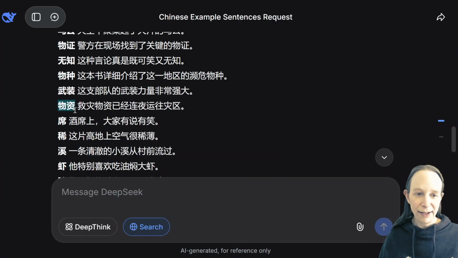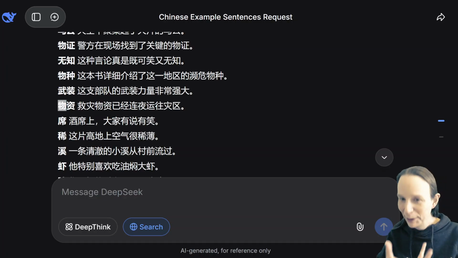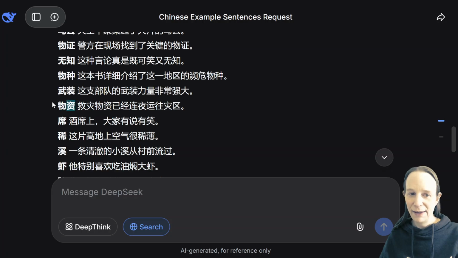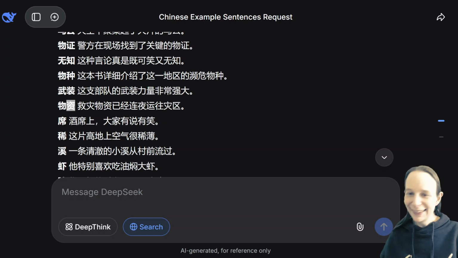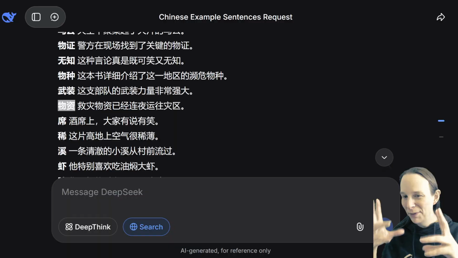Okay. Anyway, 物资. So 物 is like physical entities, items and goods and things like that. 资 pertains to capital, things that have value, assets. So 物资 will be something in the ballpark of goods, commodities.